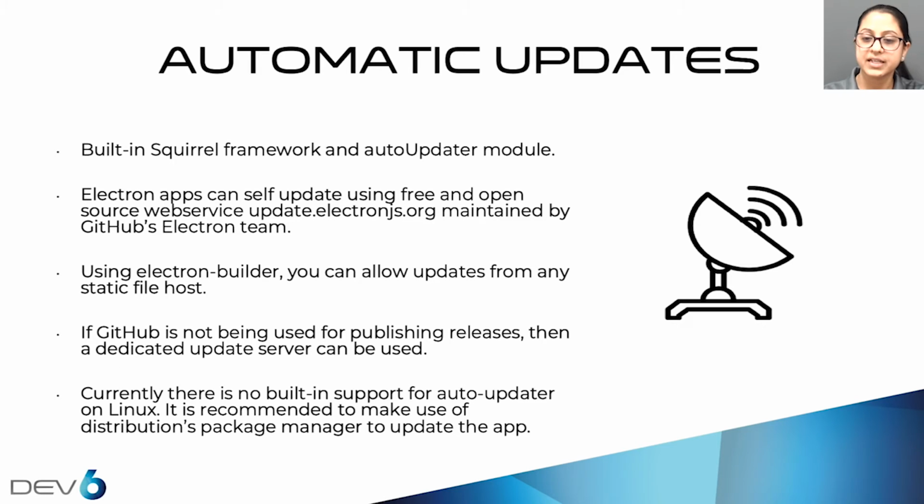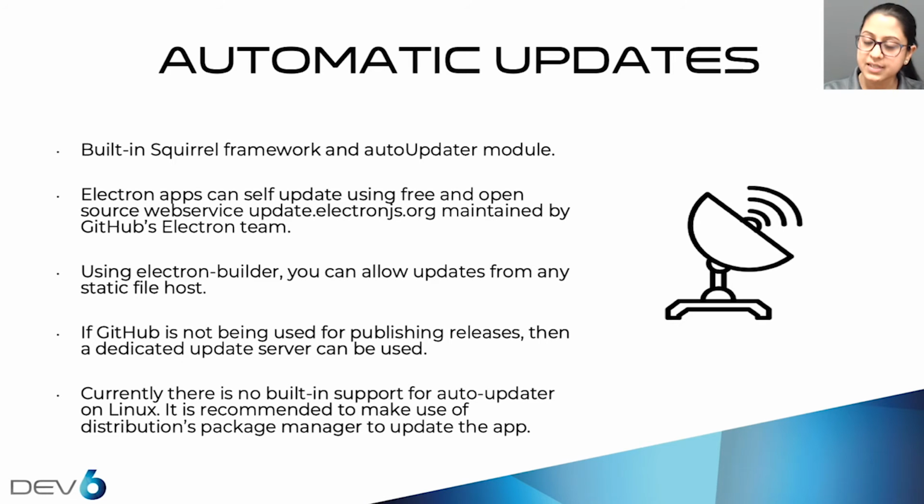And we have a dedicated lab on doing it, so we can go through the steps in that. I will just give you a brief overview of what kind of use cases are there depending upon the project. For example, if your app is in a public GitHub repo, there is a different way of consuming the auto updates. There's already a built-in, free web service provided by the Electron team.